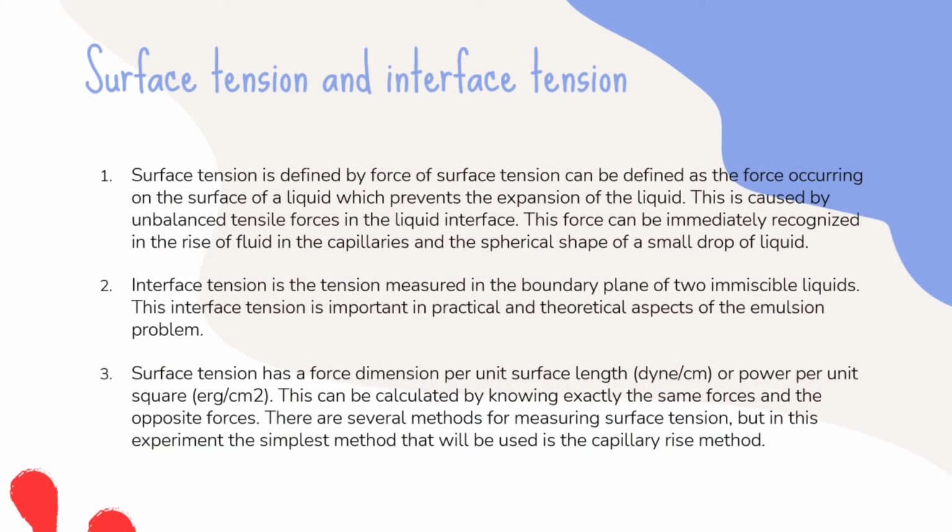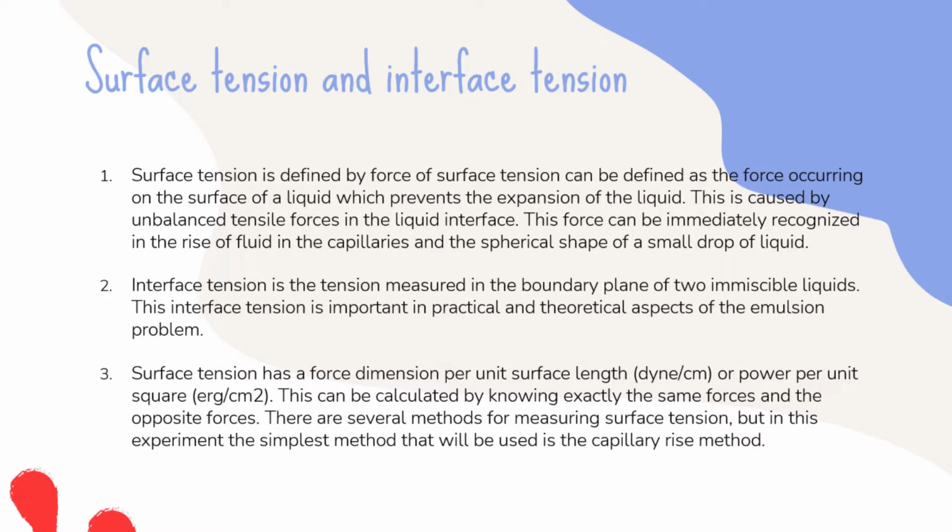Before we start the practicum, I'm going to explain the definition of surface tension and interface tension. The first is surface tension. Surface tension can be defined as the force occurring on the surface of a liquid which prevents the expansion of the liquid. This is caused by unbalanced tensile force in the liquid interface.